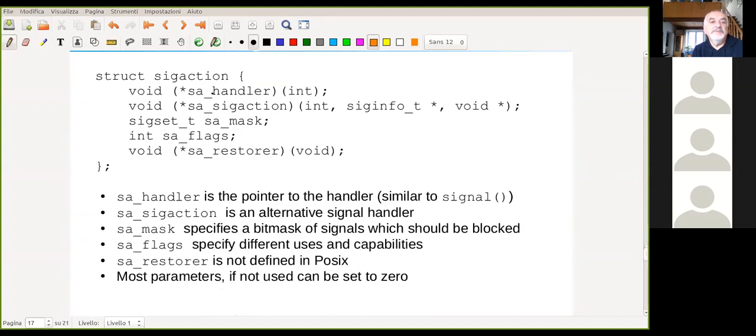You may specify the handler and other information. This is the pointer to the handler, so the name of the function. This is an alternative function. We don't spend time on this. This is the mask and many flags. In general, these are the only parameters needed. Any other parameters can be set to 0.